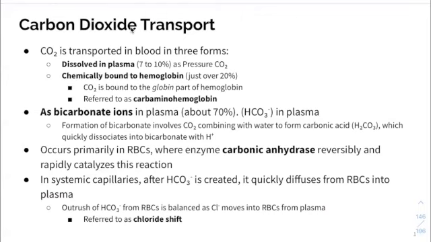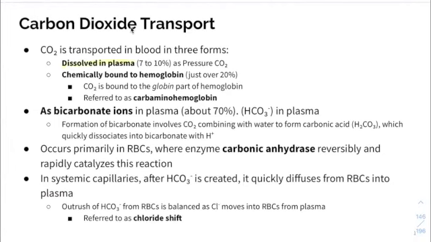So carbon dioxide technically has three ways that it gets transported in our system. Some of it gets dissolved in plasma, not a lot. We have some that is bound to hemoglobin, which it can only bind to once oxygen has been released from that hemoglobin.